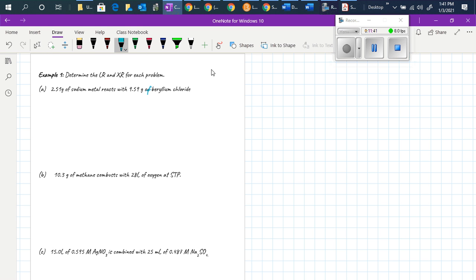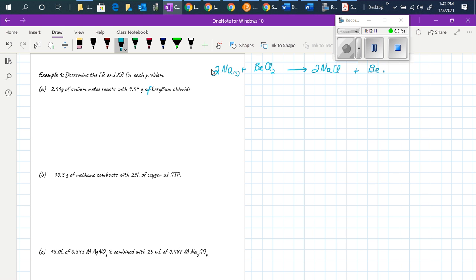So the balanced equation is sodium plus beryllium chloride will give us sodium chloride and beryllium. So now we are determining for each of those problems which one is the limiting, is it sodium or is it beryllium chloride.